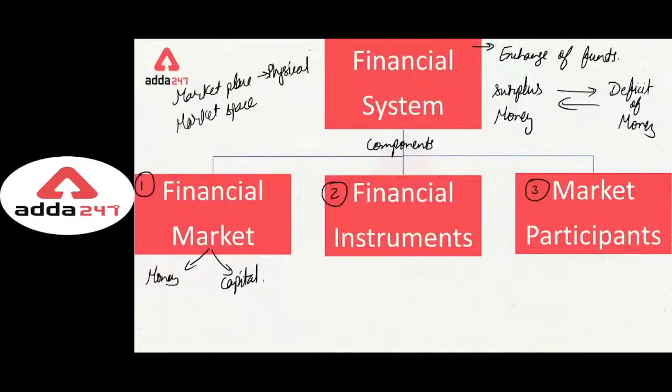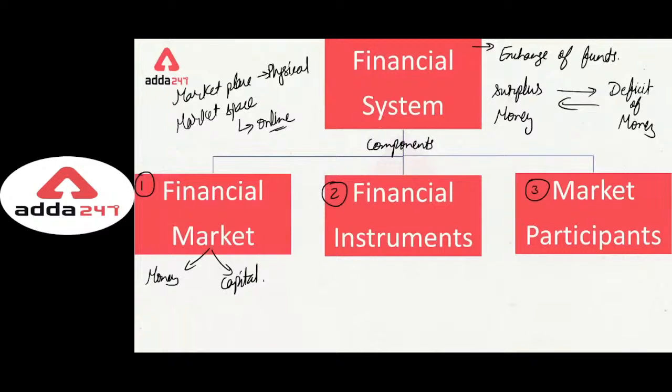That is your marketplace. But when we are talking about market space, what is market space? Market space is the online platform from where you are purchasing your goods and services. So if any person wants to sell something or wants to purchase something or wants to invest somewhere, they need a certain marketplace or market space.